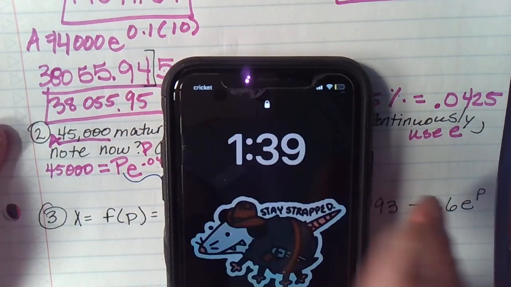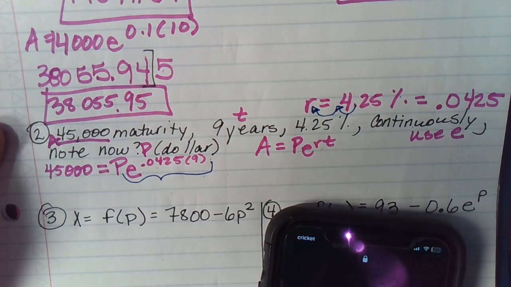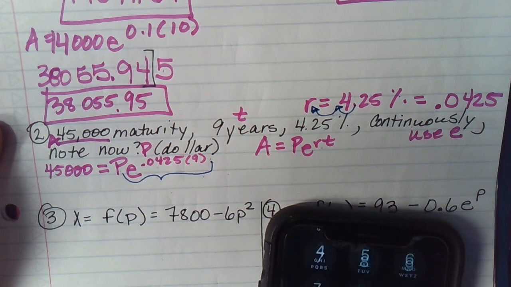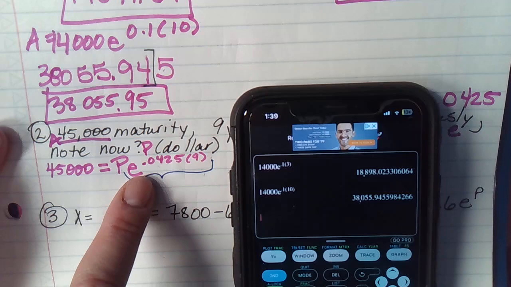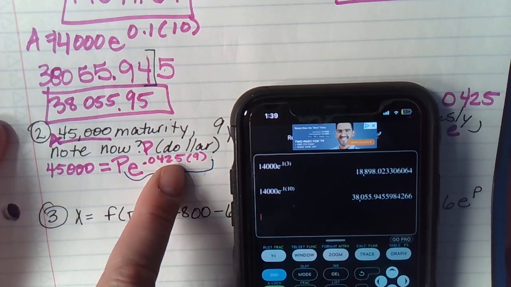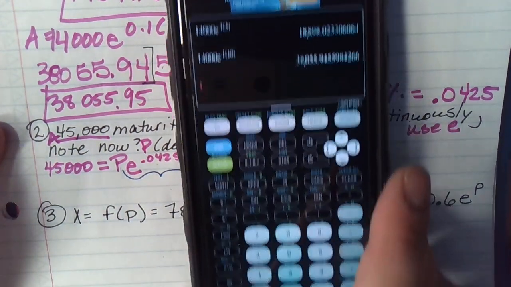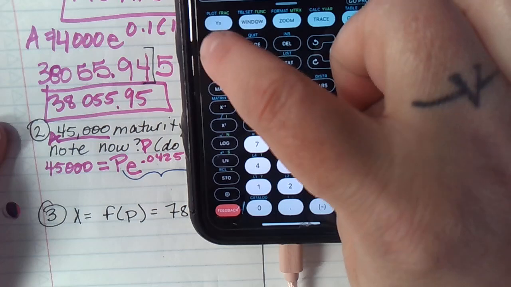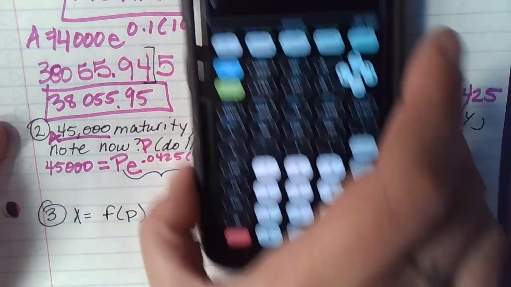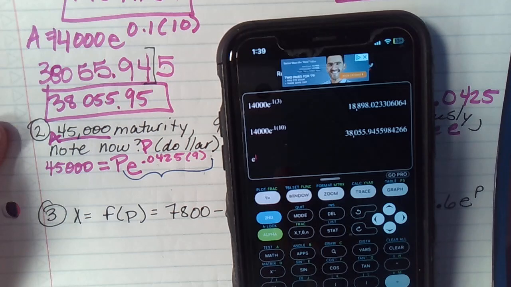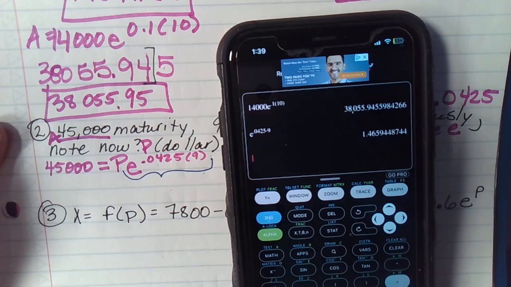We're going to do that. Let's see here. We're just going to do the E to the 0.0425 times 9. And remember, to get that E, you press second LN. So second LN, I got the E. Now let's do 0.0425 times 9.